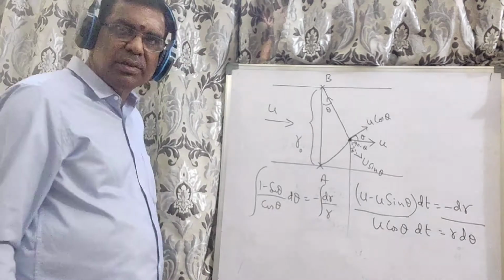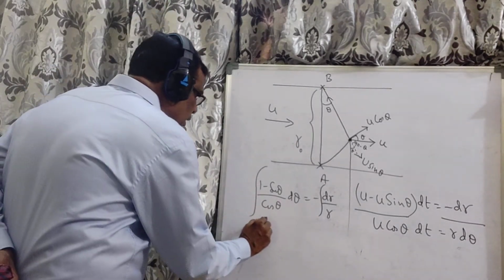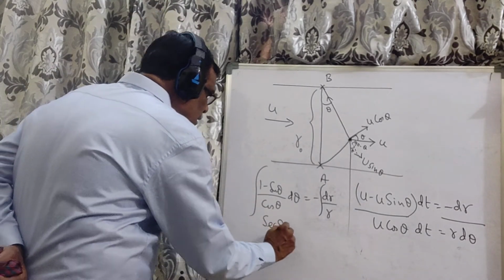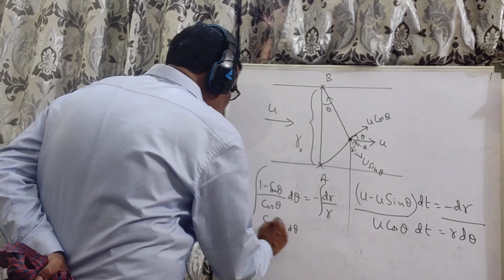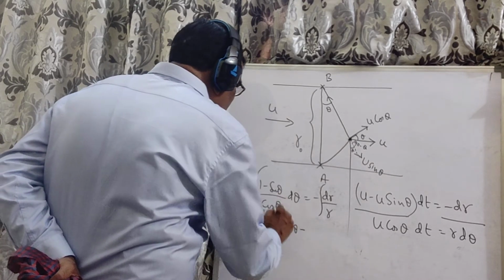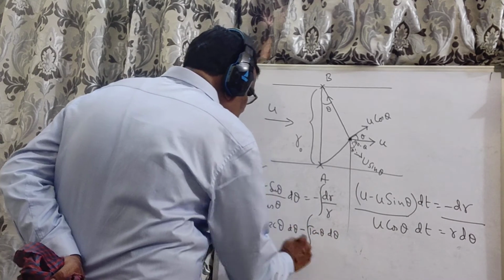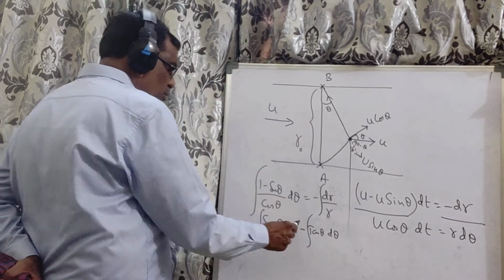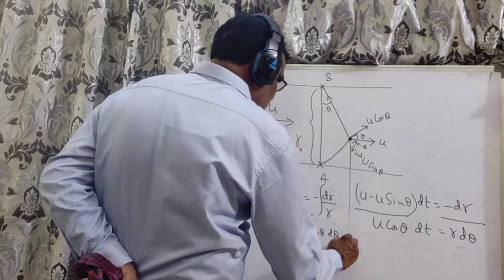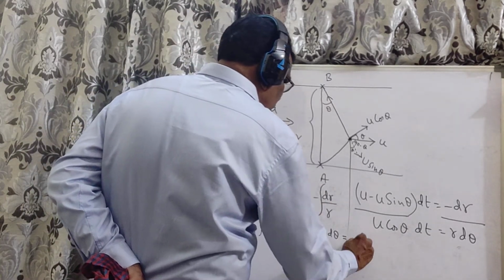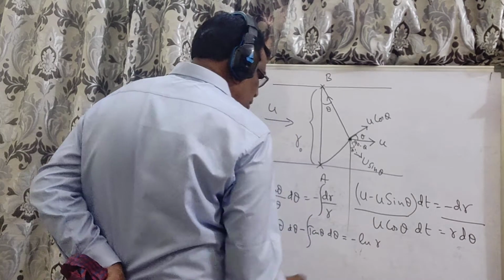This is sec theta d theta minus tan theta d theta, both you have, that is equal to minus ln r.